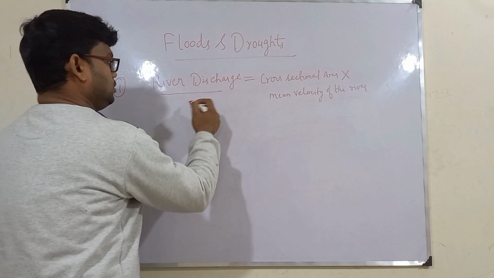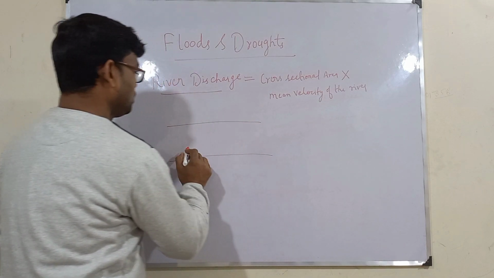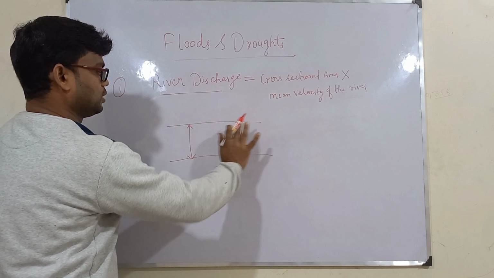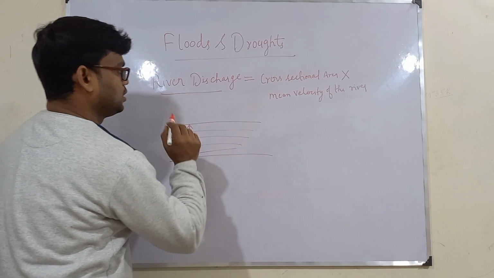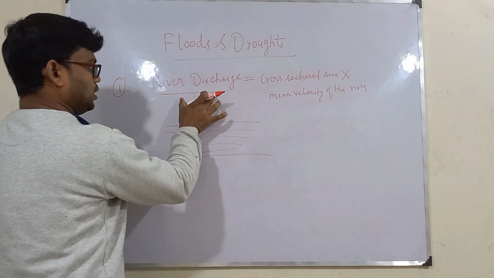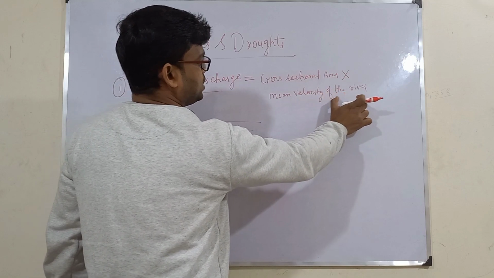So if this is the river, then this is the channel through which the river is flowing. The amount of water or the volume of water flowing through this river is known as river discharge. This term river discharge is given by this formula: cross sectional area into mean velocity of the river.